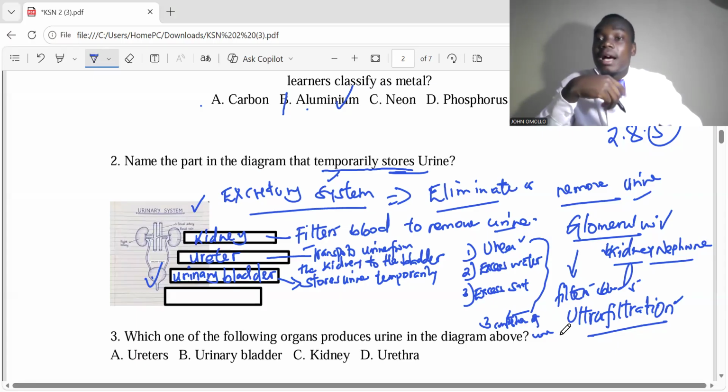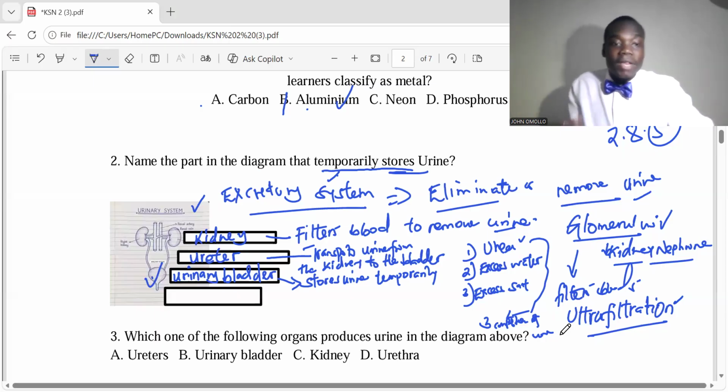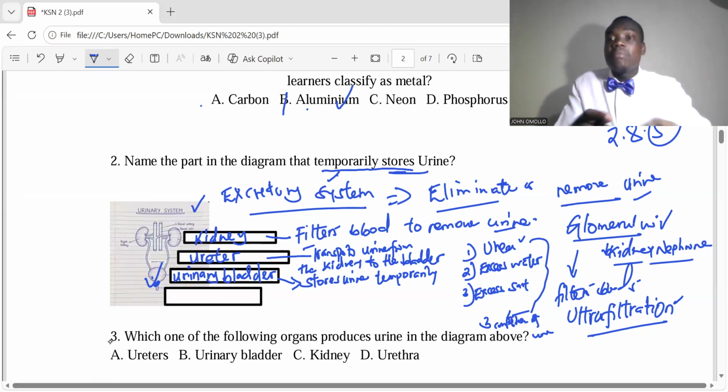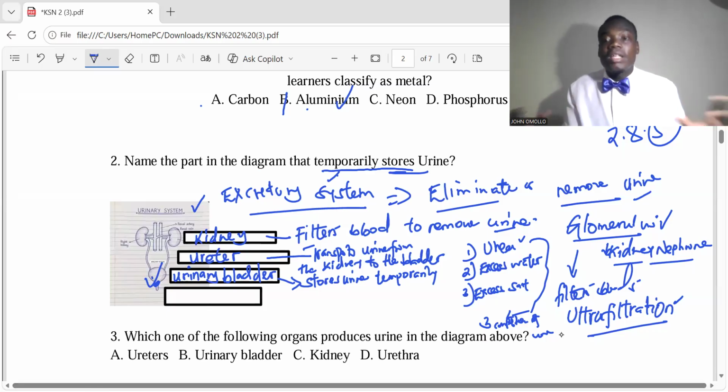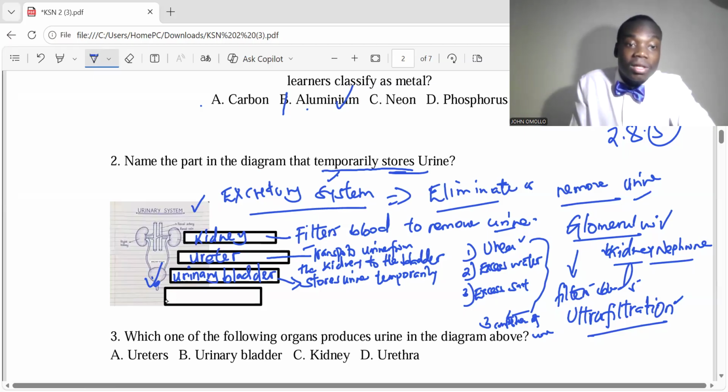There is a sphincter muscle that exists here. So that muscle relaxes. Once it relaxes, the urine now passes out via the urethra. So this part is called the urethra.